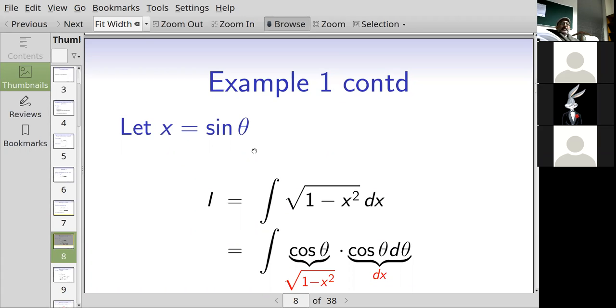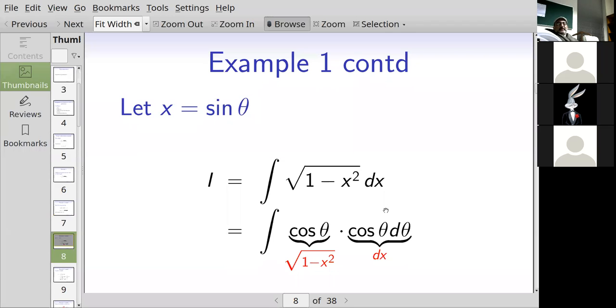So I is equal to the integral of root 1 minus x squared dx. I replace x by sine theta. So this is the root of 1 minus sine squared theta. And what's dx? Cos theta d theta.